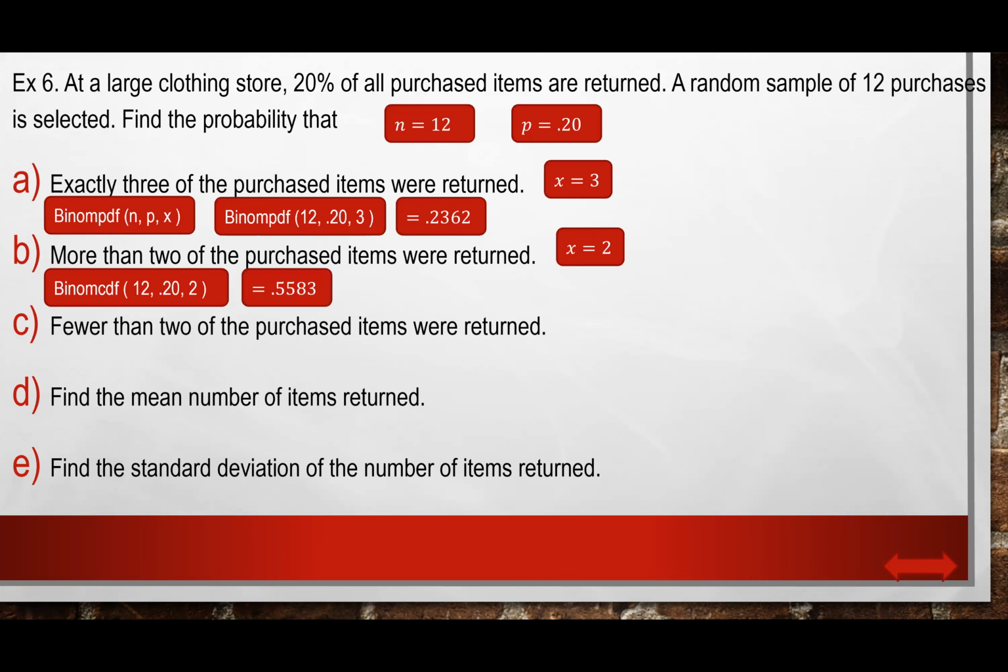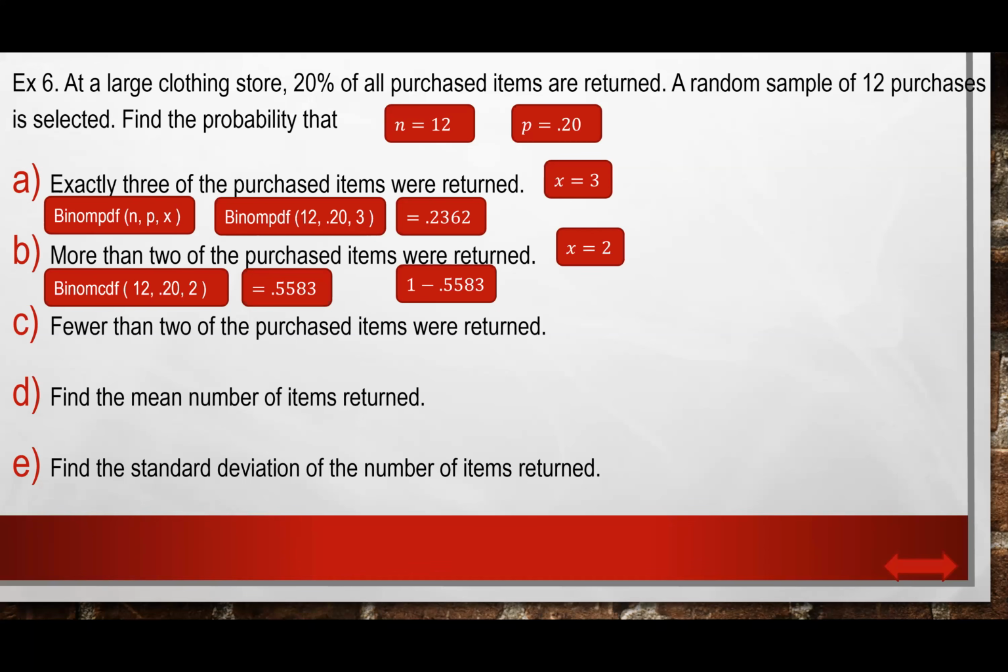But then we have to make a small adjustment, because your calculator can only give you the answer to the left. When you type in binomial CDF, 12, comma 0.2, comma 2, your calculator calculates the 0, the 1, and the 2, and the 0, 1, and 2 is not more than 2.